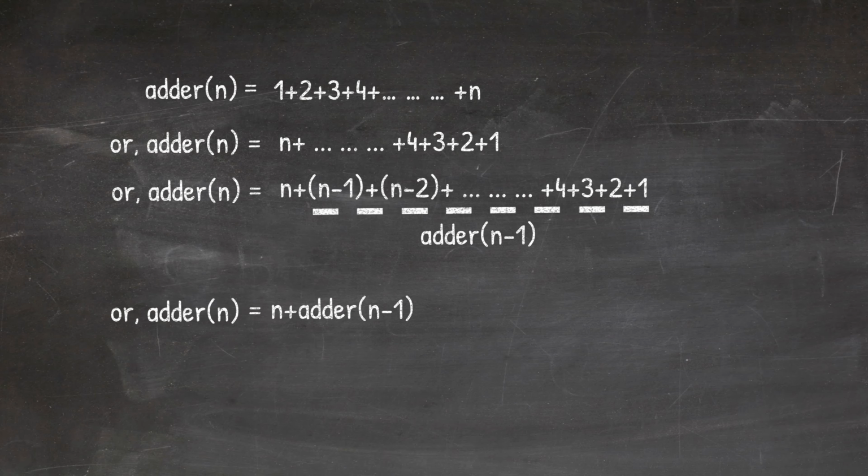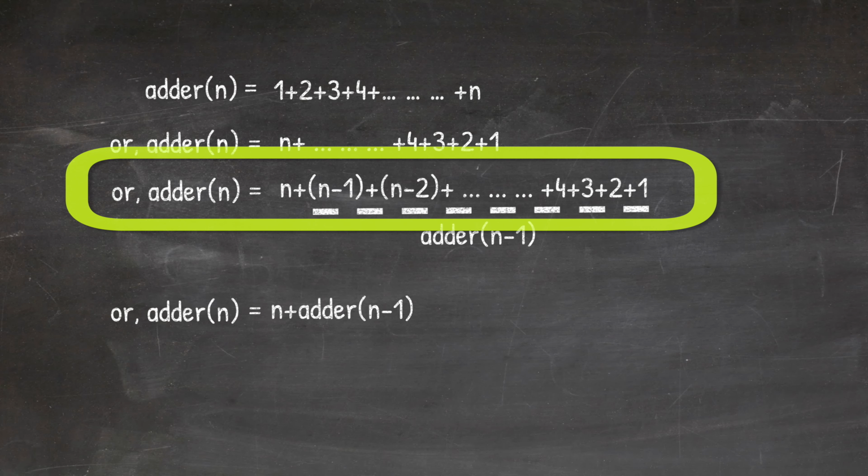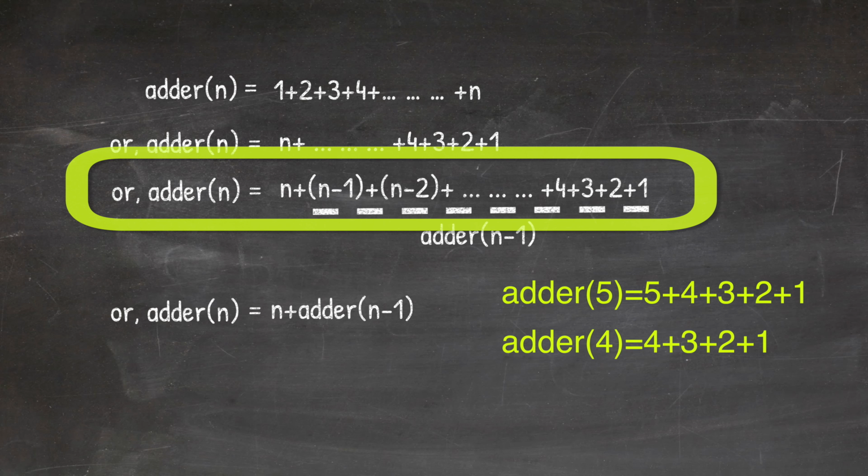An example based on this equation: adder 5 is equal to 5 plus 4 plus 3 plus 2 plus 1. Based on the same equation, adder 4 is equal to 4 plus 3 plus 2 plus 1.